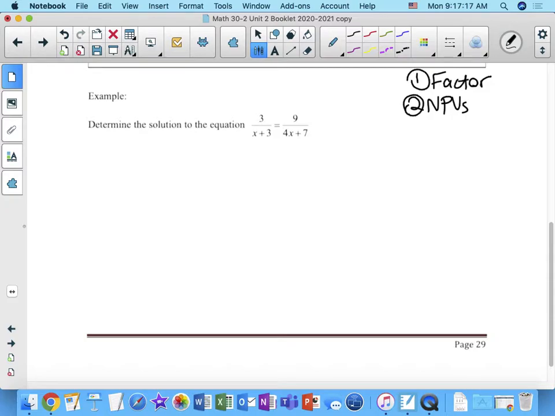Okay, so let's look at our first denominator, x plus 3. What non-permissible is that going to produce? -3. So x cannot equal -3. What about the second one, 4x plus 7? What's the non-permissible going to be from that one? Or would you have to do a little bit of work to figure it out? Yeah, right?